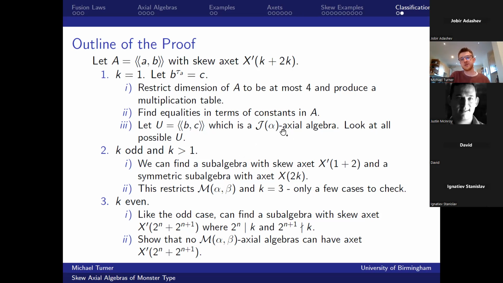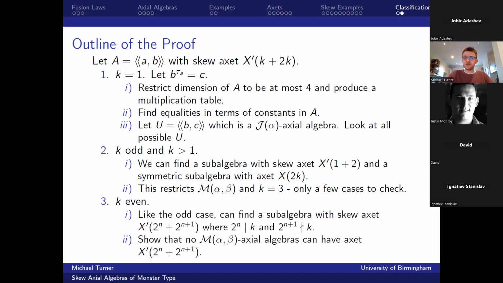These 2-generated axial algebras of Jordan type were classified in 2015 in the sister paper of when axial algebras were first defined. So it's just looking through these possible U's and seeing if anything pops up, and thankfully only the examples popped up.